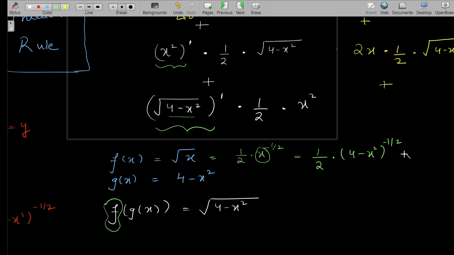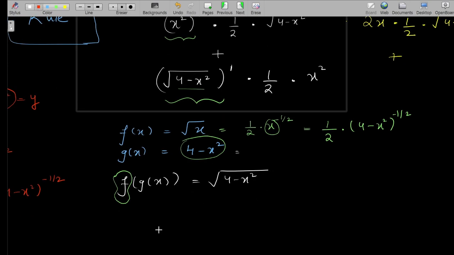Then you have to multiply it by the derivative of the inside function. So then what's the derivative of g x?